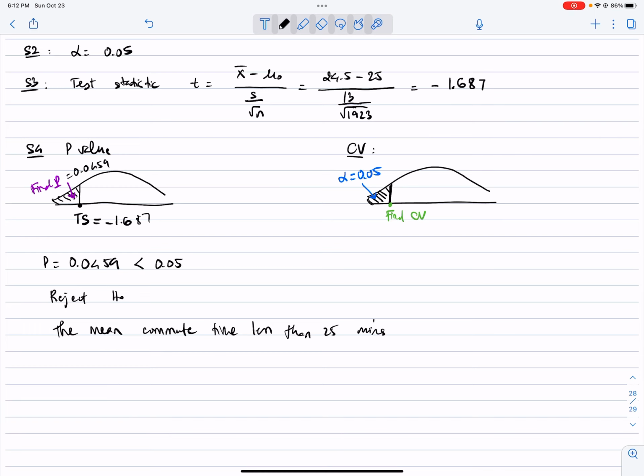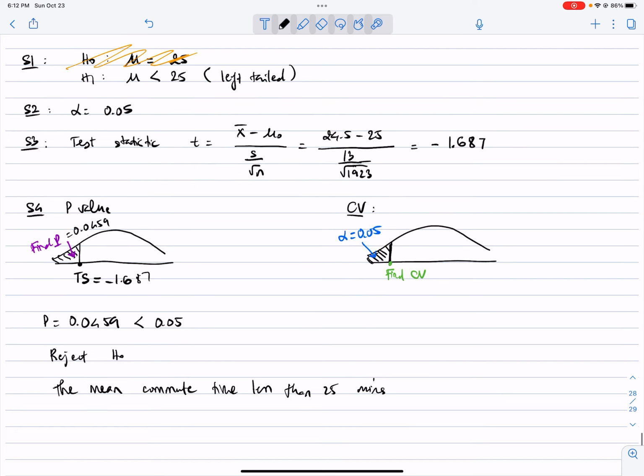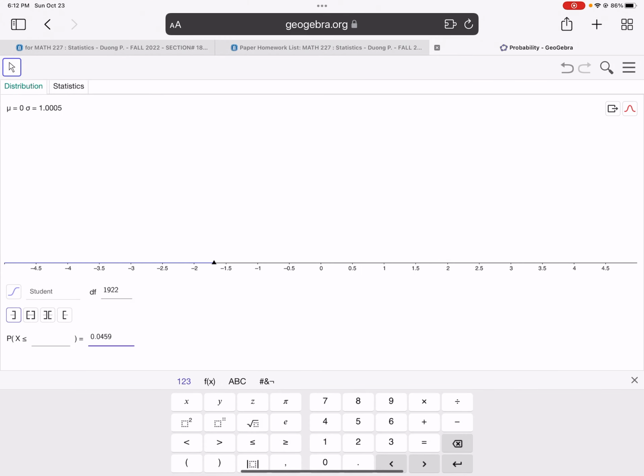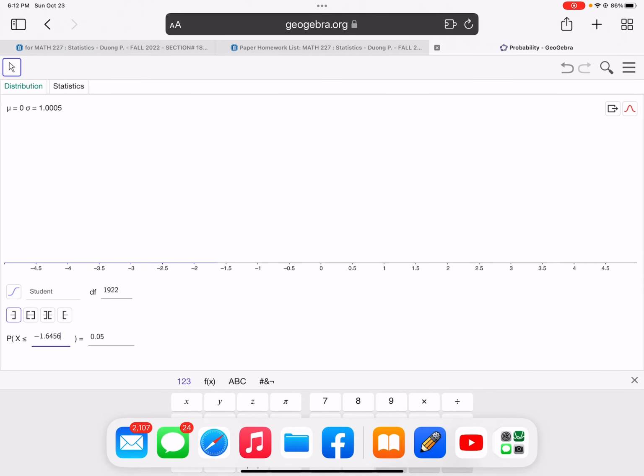Now, if we want to use the critical value method, we will input 0.05 for the alpha, and we got the number negative 1.645.